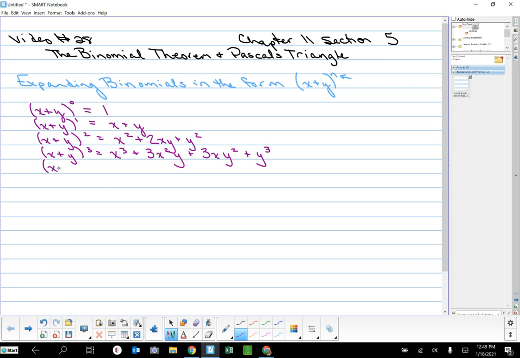And then we have x plus y to the 4th. And this is x to the 4th plus 4x cubed y plus 6x squared y squared plus 4xy cubed plus y to the 4th. And then x plus y to the 5th.